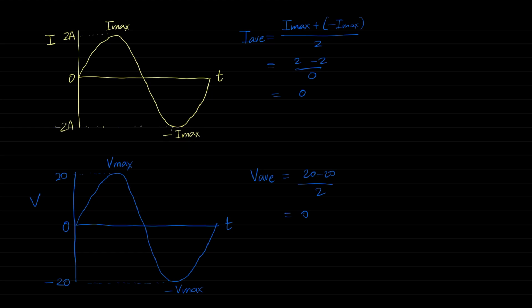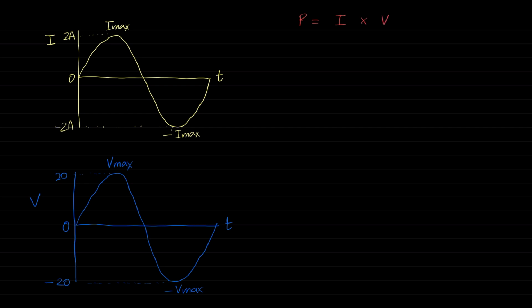And so what scientists, mathematicians and physicists have come up with is that we have to look at power. You'll see why now. Remember that power is equal to I times V. Now, if we multiply these graphs together, let's look at how the graph for power is going to look.